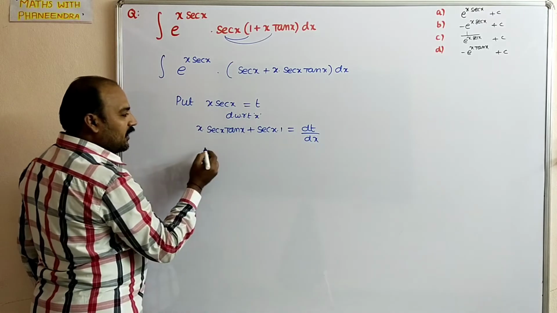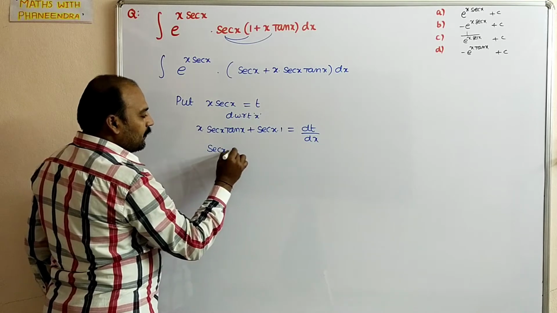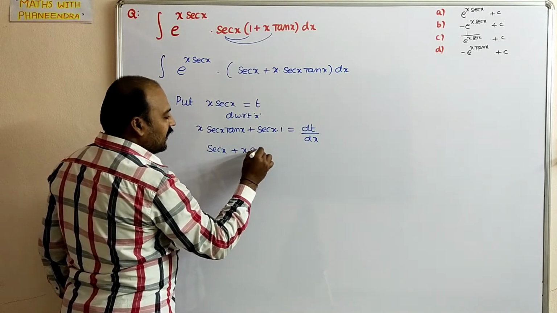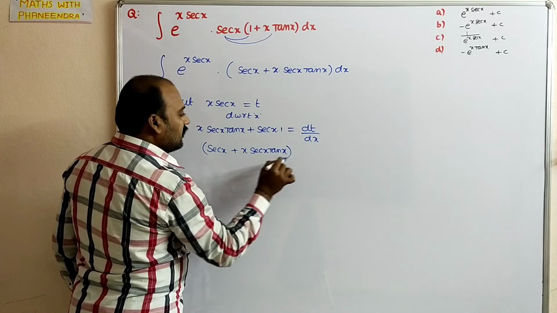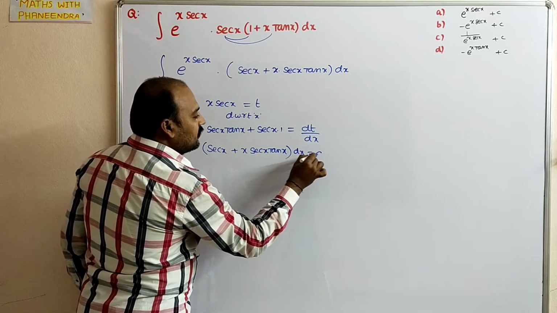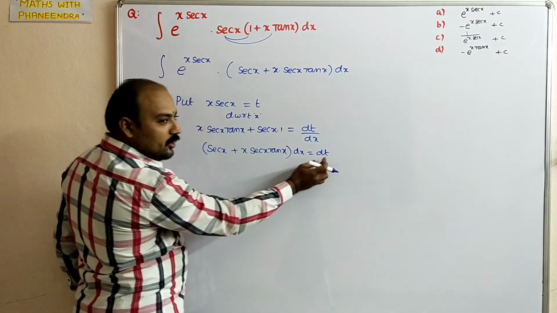Now cross multiplying, secant x into 1 is secant x plus x secant x tan x, into dx is equal to dt. So from here to here it will become dt only.